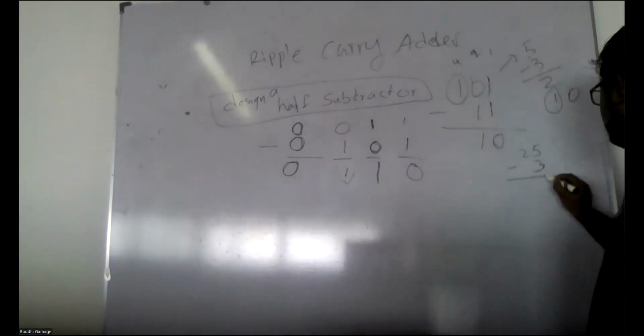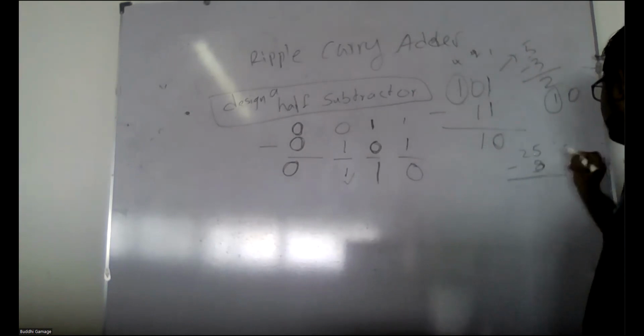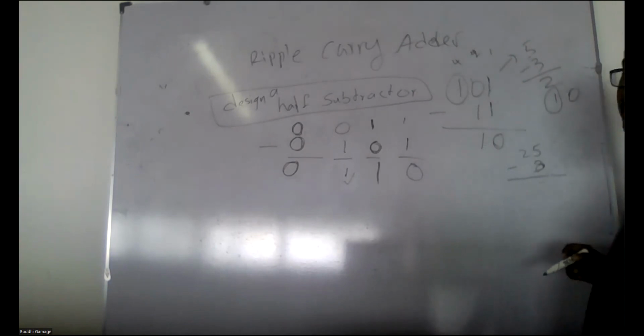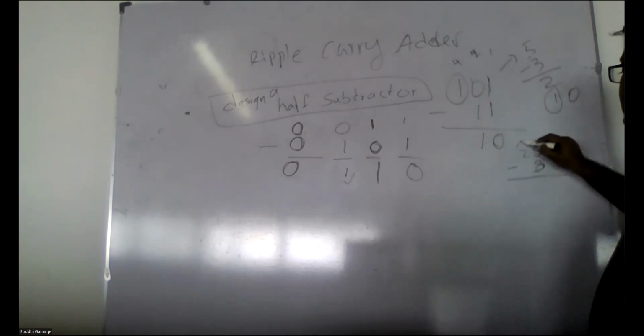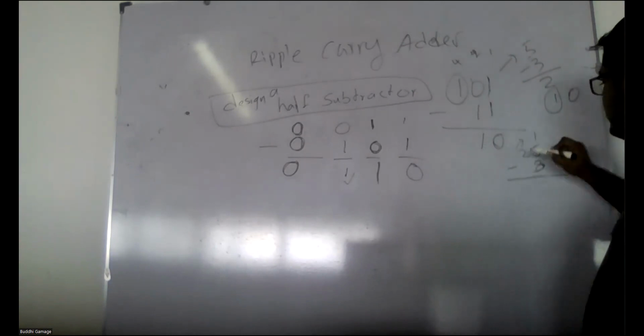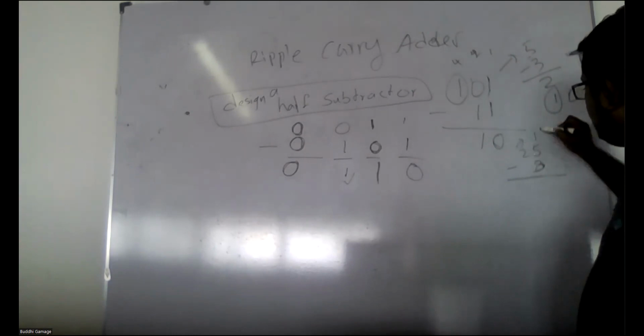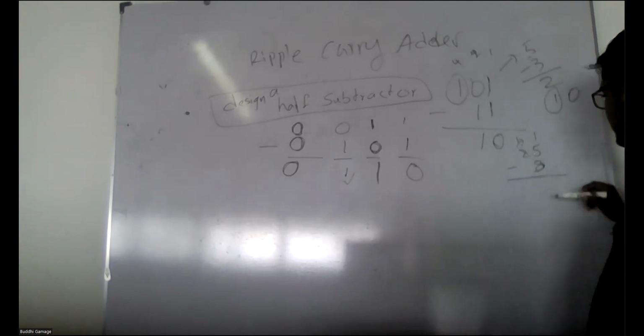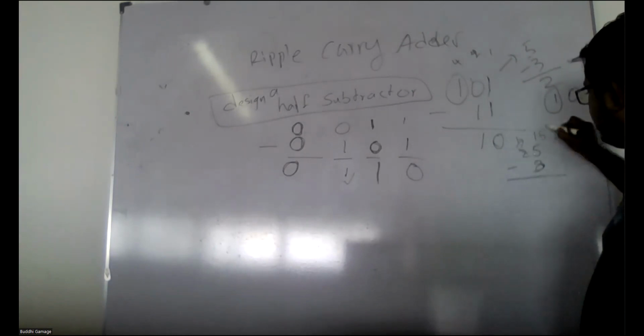let's take, we are reducing 8. So 5 minus 8, we can't do that. So we need to borrow one from here. So then this will be 1, and the value will be 15.